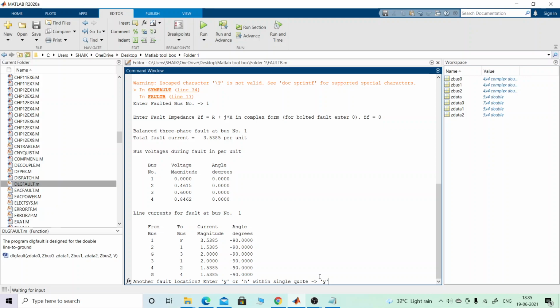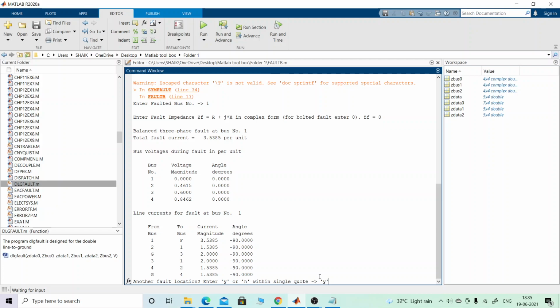I can get some values there according to my own data, that is at fault bus number 2 with a fault impedance of 0.5 ohms. The fault current has now been reduced to 1.7981 at bus number 2.